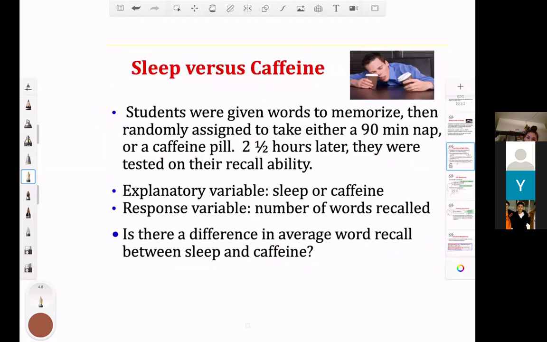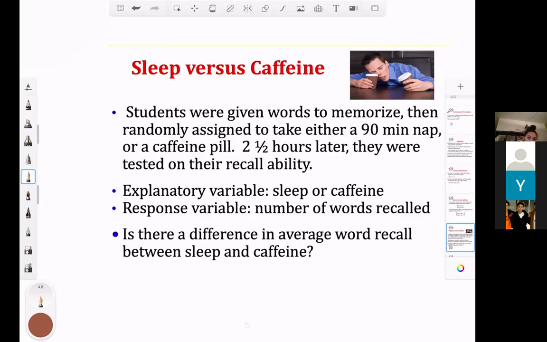Let's have one example. Students were given words to memorize, then randomly assigned to take either a 90-minute nap or a caffeine pill. Do we have caffeine pill?